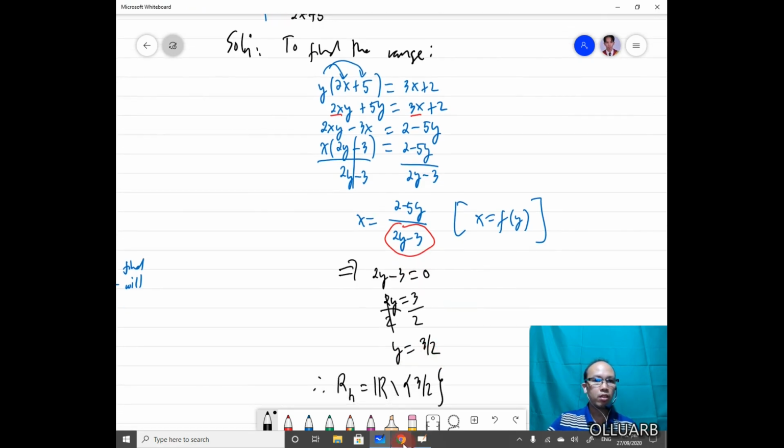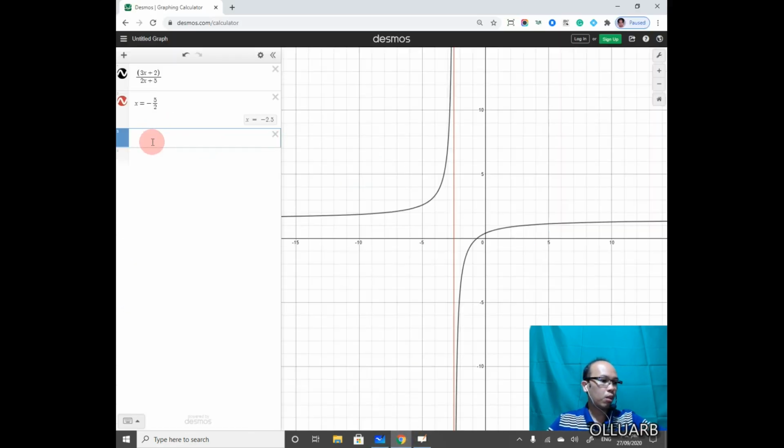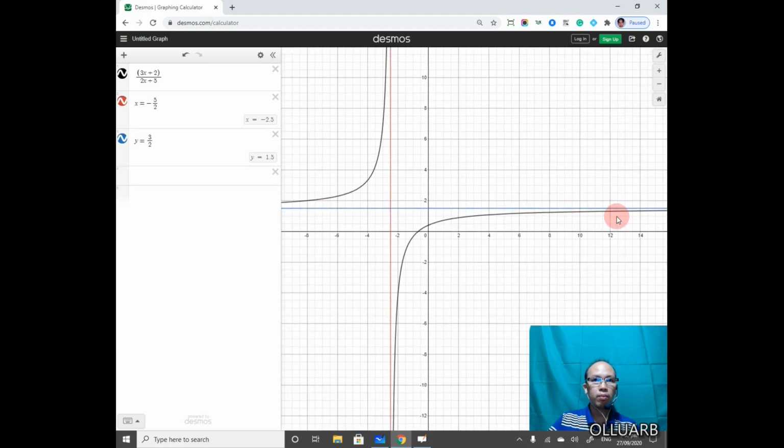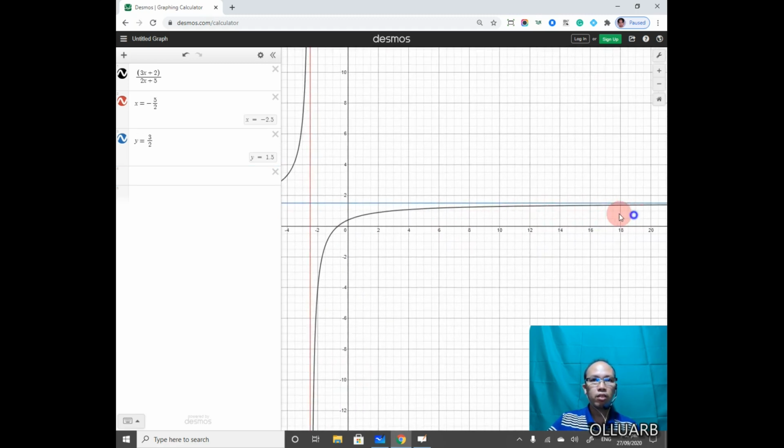Where is 3 halves? Our range is our values of y, so 3 over 2. Did you see the blue line, the horizontal line? It never touches the graph.